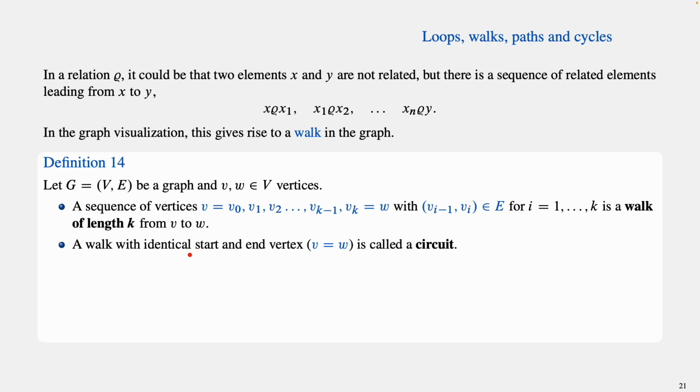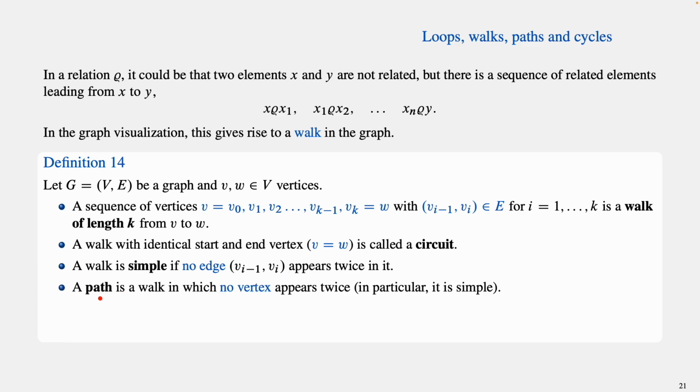Now if the start and end vertex are identical, so v equal to w, then we call this walk a circuit. We say the walk is simple if no edge appears twice in it. So all the edges here are unique in this walk. And we say a path is a walk in which no vertex appears twice. And of course, if no vertex appears twice, that means that no edge can appear twice, because if it did, then the vertices in this edge would appear twice.